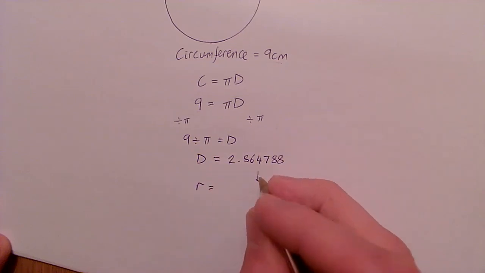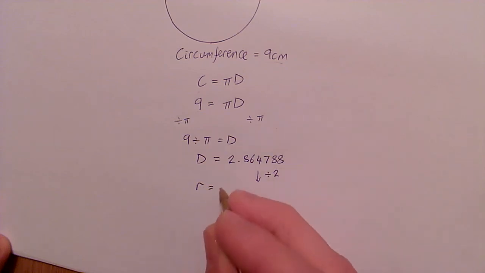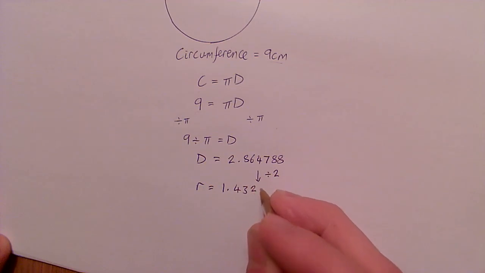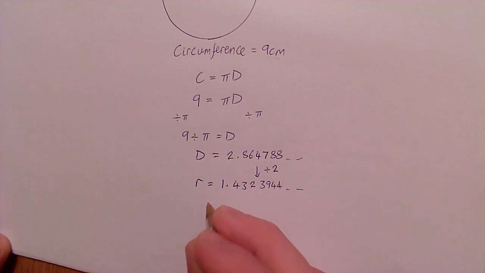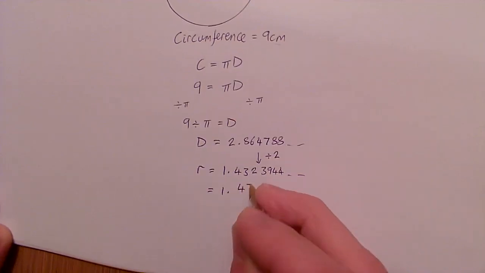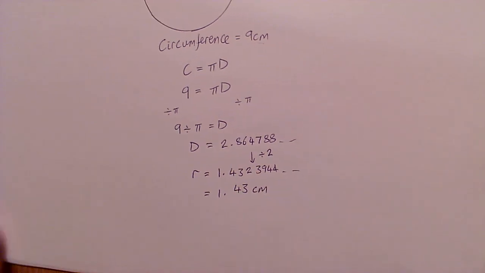Well, the radius is half the diameter. So we need to divide by 2. That leaves us with 1.4323944 with some more digits on the end here. But rounding to 2 decimal places, 1.43. And I'll remember my units this time, centimeters.